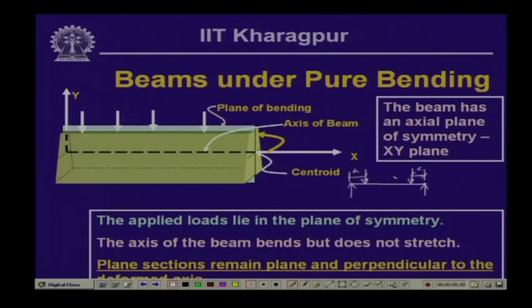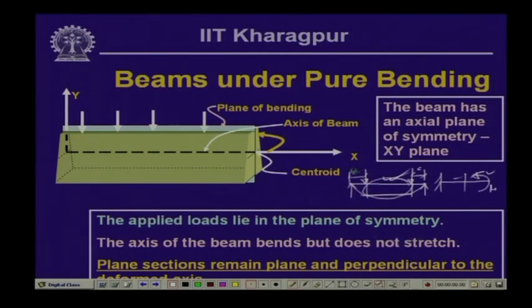In this beam, we had drawn the bending moment diagram, wherein you had seen that the bending moment over this particular zone is constant. Or if you have a cantilever beam with a concentrated moment, there also everywhere you get the same moment M. So, these are the cases where a beam is subjected to pure bending moment.